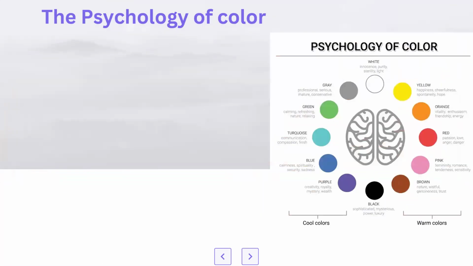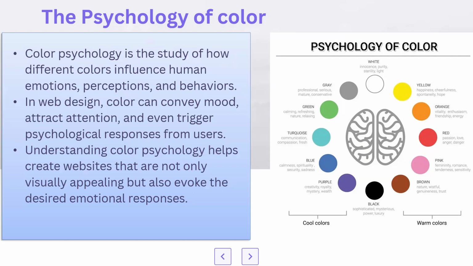The other thing I want to talk about is psychology of color. You'll permit me, I'm going over the theory quickly, then I will expect the knowledge you have, then we use it for practical demonstrations. What do you mean by psychology of color? Color psychology refers to the study of how different colors influence human emotions, behaviors, or perceptions. Color is one of the big problems that disturbs graphic designers, web developers, and people who are building graphics.